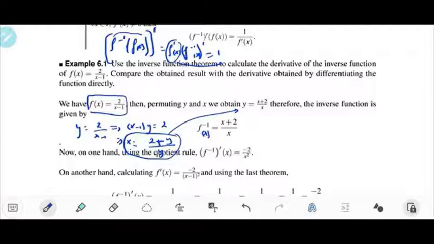Now, if we want to calculate the derivative of f minus 1 directly, we'll calculate the derivative of this function, which is u prime v minus v prime u over v squared, and it will give us minus 2 over x squared.